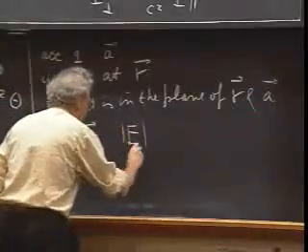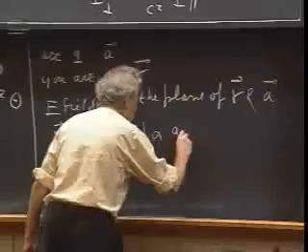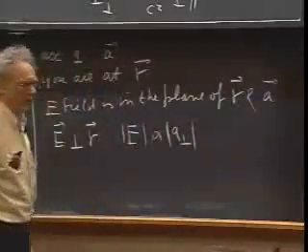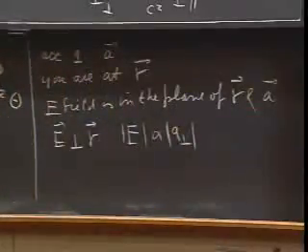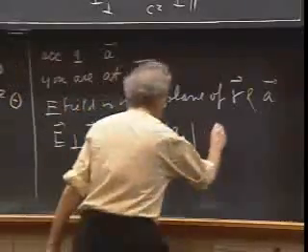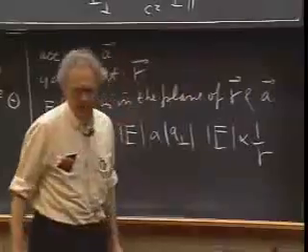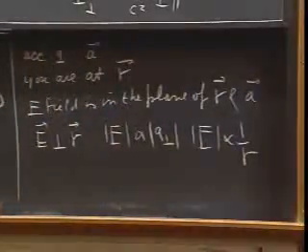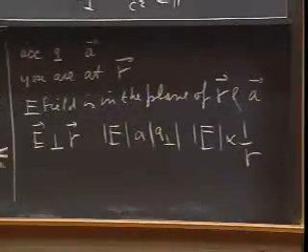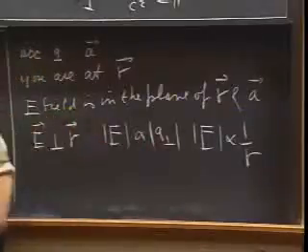The magnitude of the E vector is proportional to the magnitude of the A perpendicular, and the magnitude of E is proportional to 1 over R. And if Q is positive, then E is in the direction minus A perpendicular.